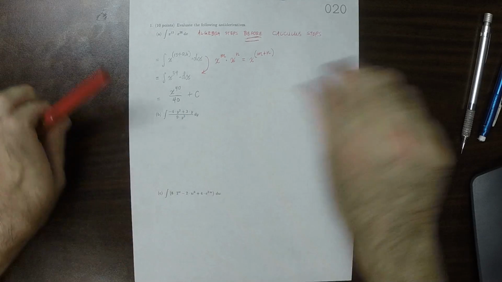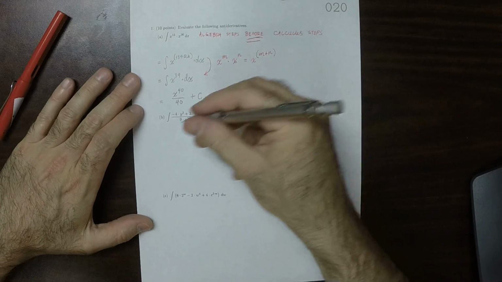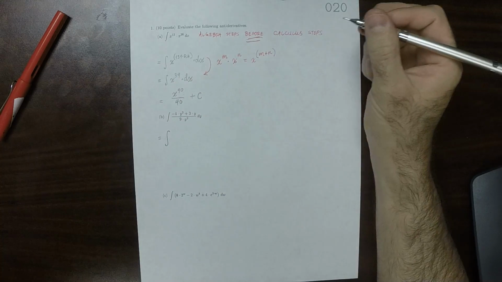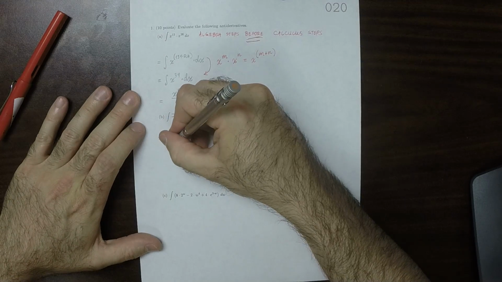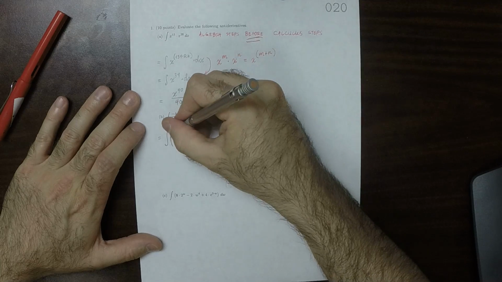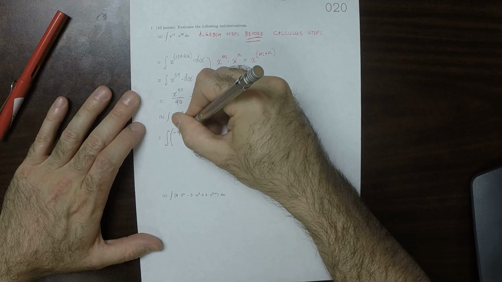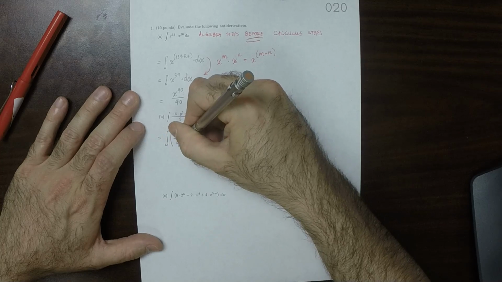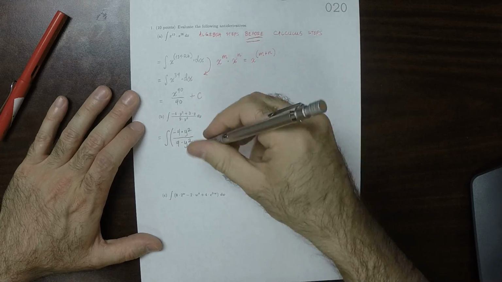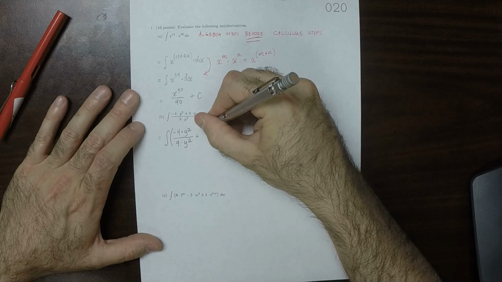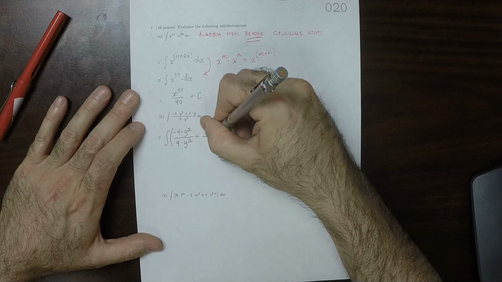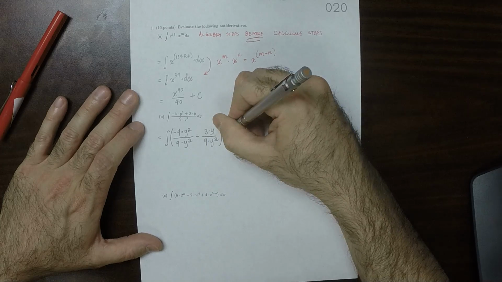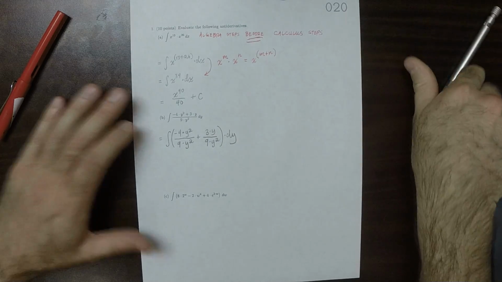Here we'll need to do an algebraic simplification. The simplification is that this is the antiderivative of negative 4 y squared over 9 y squared, and then plus 3y over 9 y squared dy.